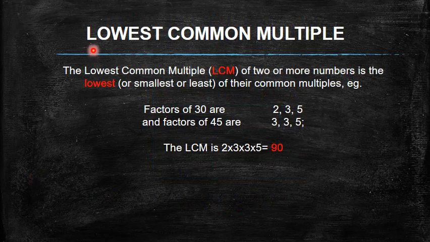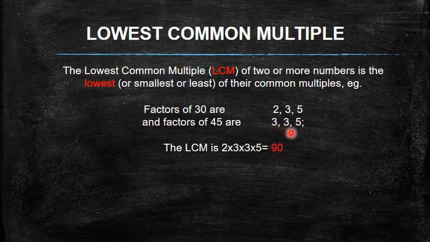Let us now revise the lowest common multiple. The lowest common multiple LCM of two or more numbers is the lowest, smallest or least of their common multiples. If the two numbers are 30 and 45, by taking the factors of these two numbers, 2, 3 and 5 for 30 and 3, 3 and 5 for 45, we will see that the factors occurring in these two numbers are 2, 3 and 5.